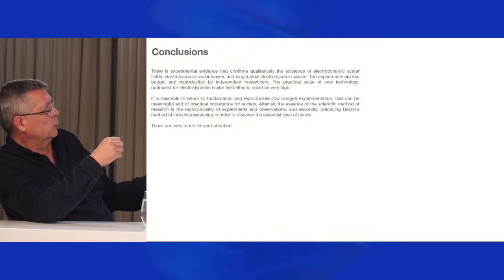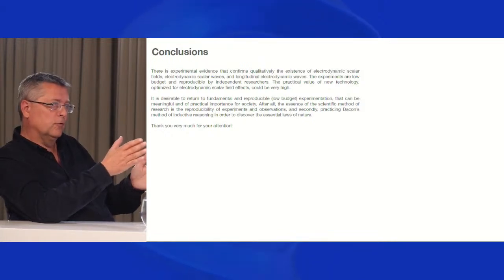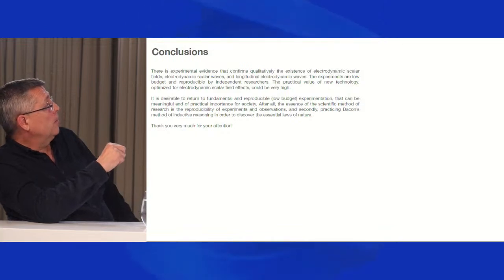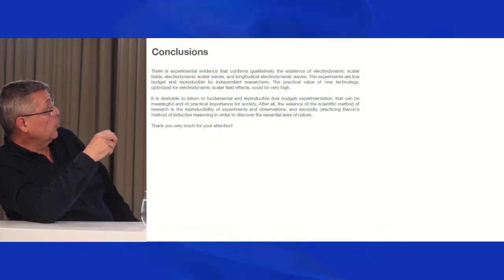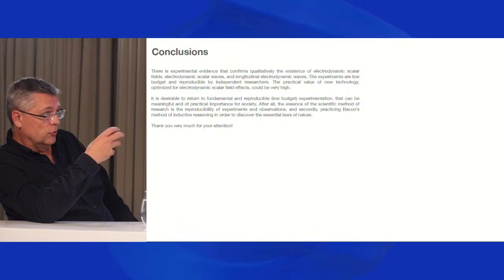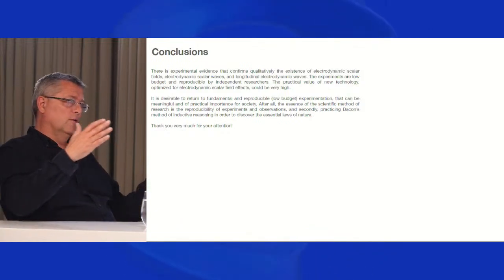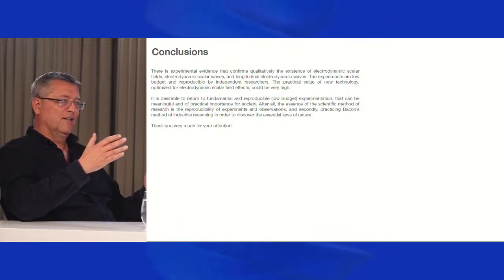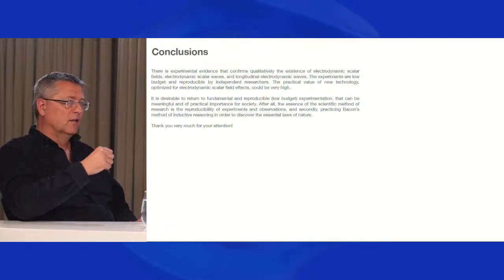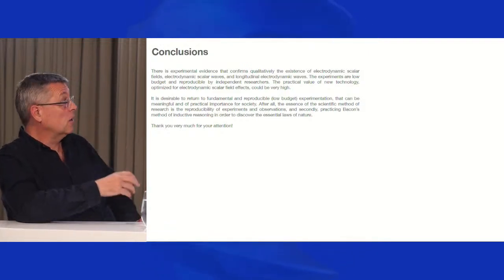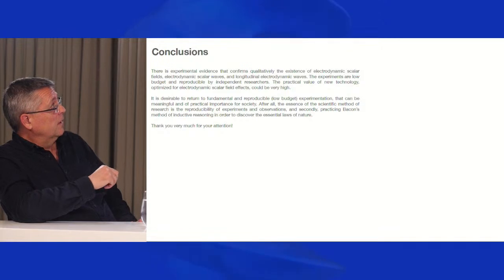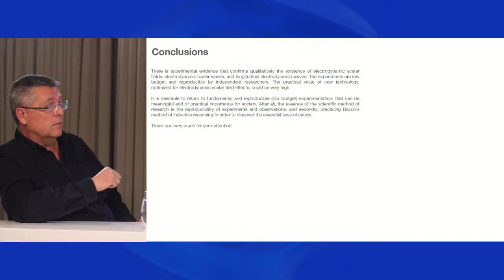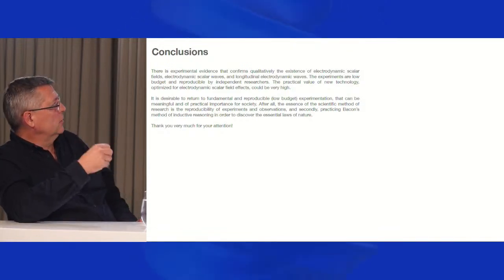The longitudinal component is the electric field component. But the experiments are low in budget, so it's reproducible. It's not a CERN type of budget where we have to spend millions to detect a Higgs field. So this is reproducible, and it can have a practical value for new technology and for society.